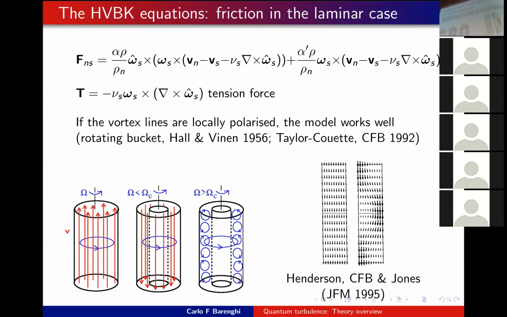So everything works very well. There is another slightly more complicated situation in which this friction works, and I want to stress it because it shows how far you can try to push this model.